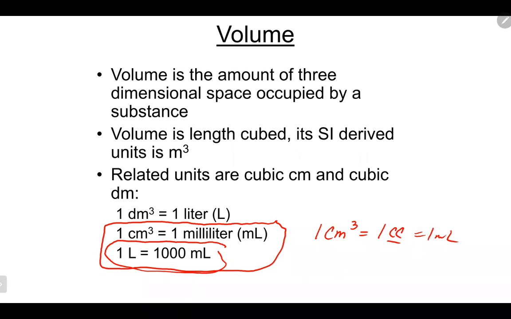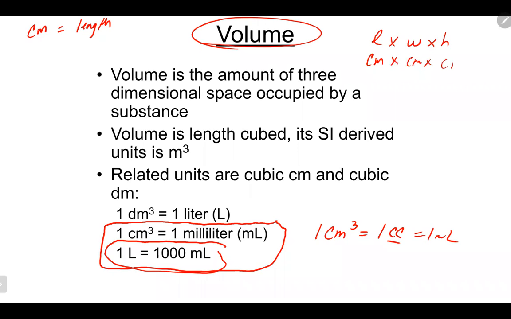Now, when we have a unit of centimeters by itself, that is a length measurement. It is not a volume measurement. But if we have something like a cube, we could actually take 3 different measurements: the length times the width times the height. And since each of these is a length measurement, we could take them in centimeters. So that would be centimeters times centimeters times centimeters, which gives us a cubic centimeter, which is a volume.